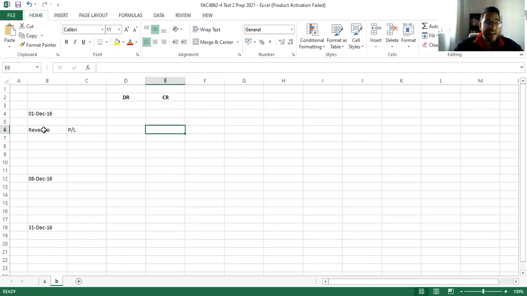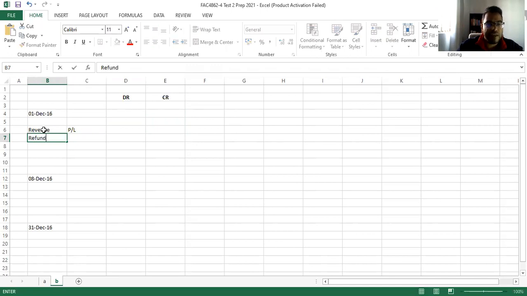Now remember, there's a refund policy over here. So I can't recognize 100% of revenue. I can only recognize revenue at 97%. The other portion, the 3% of the revenue, will be recognized as a refund liability.